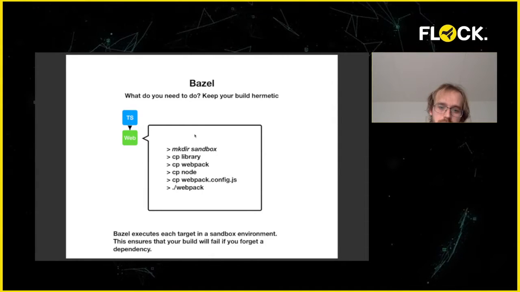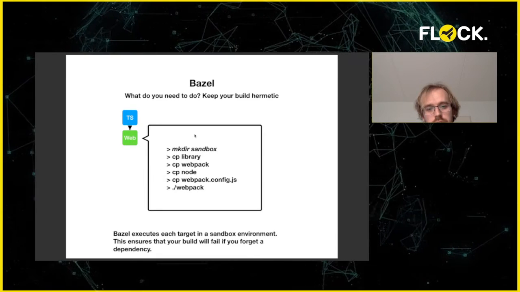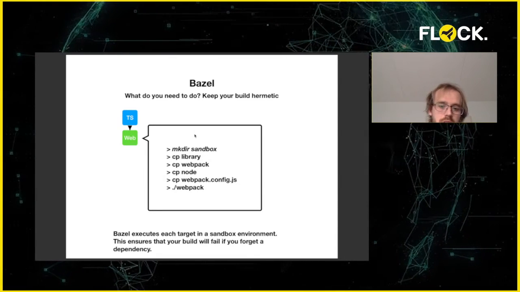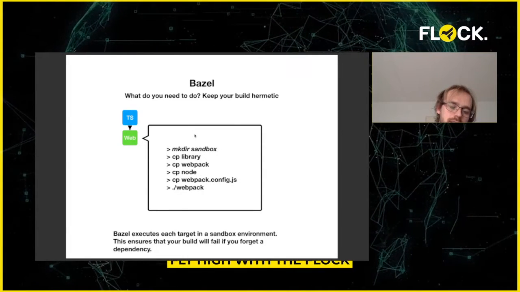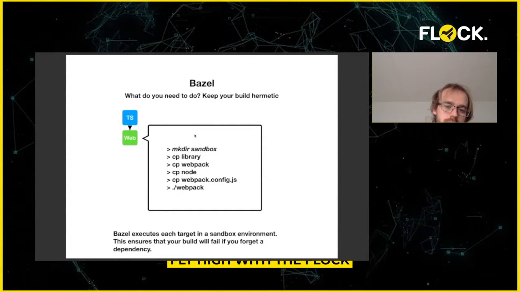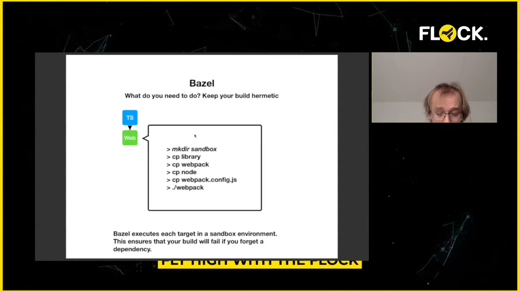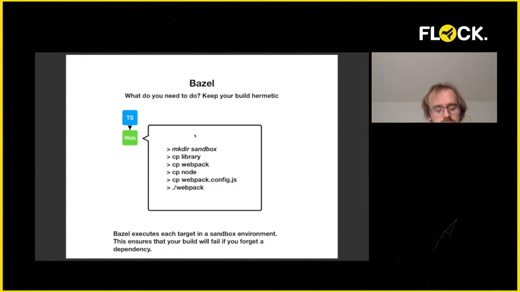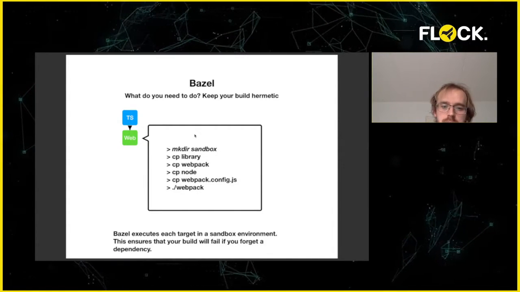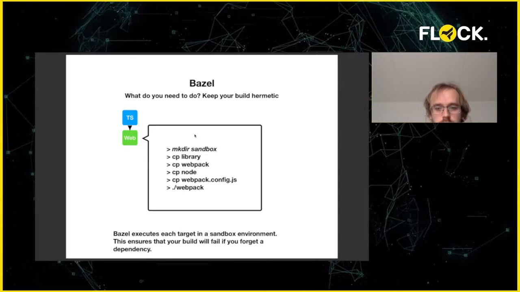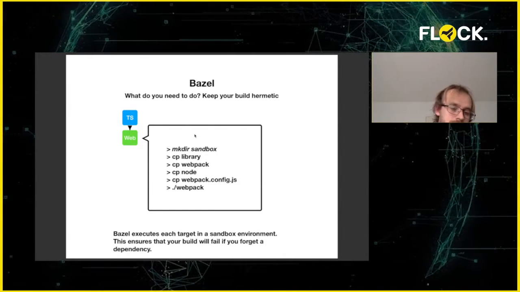And when all the input files are in the sandbox, then we execute the command itself inside the sandbox. Now your build will fail if you forget to specify one of the dependencies. And that way you see immediately, I forgot to specify this package as a dependency, or I forgot to specify this file as an input dependency to this target.